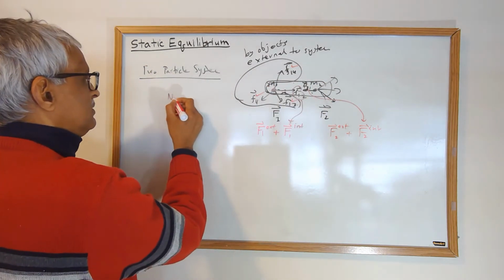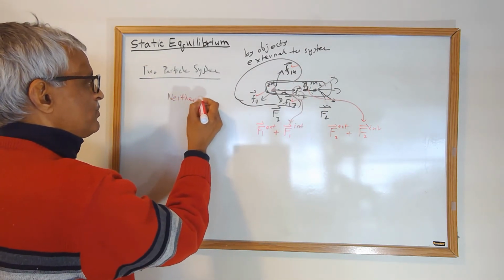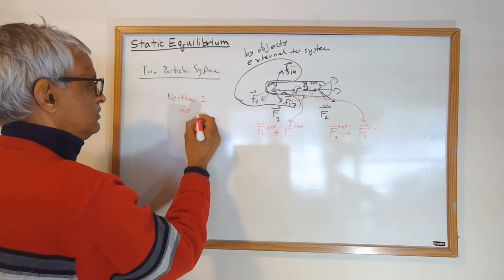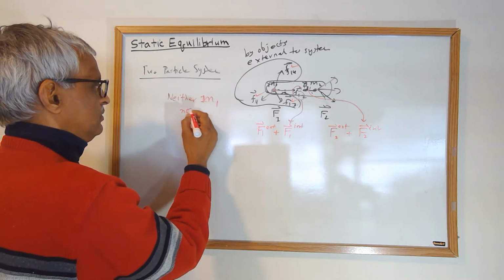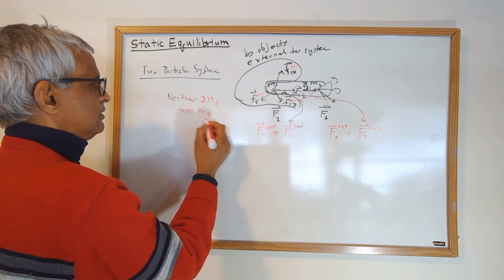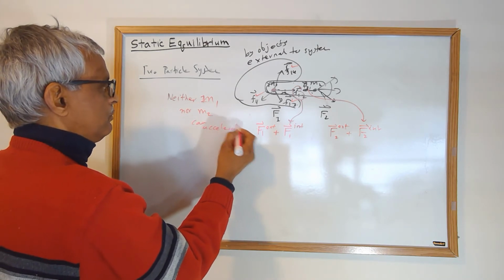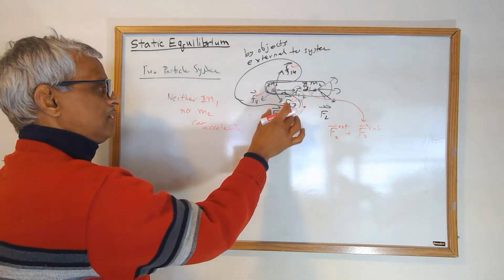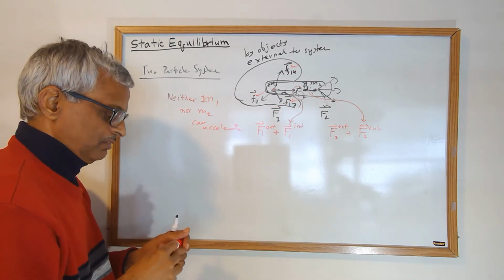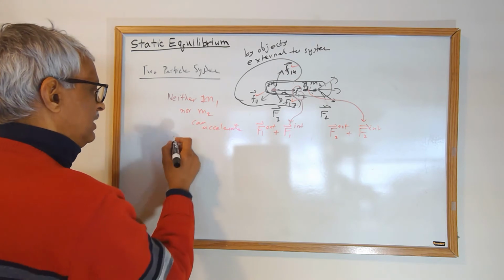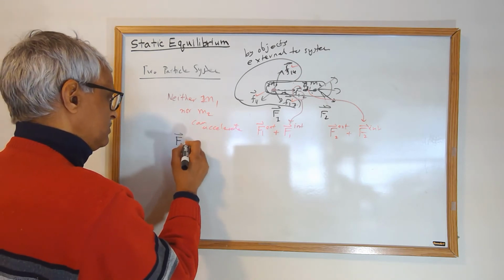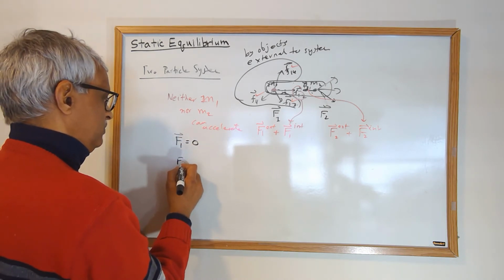So neither M1 nor M2 can accelerate, which means this force by itself is 0, and that means F1 is 0 and F2 is 0.